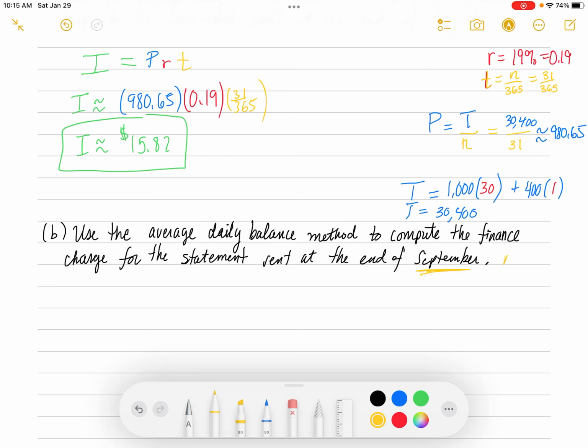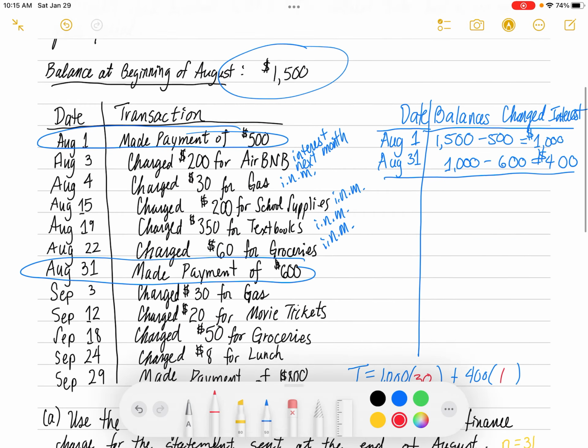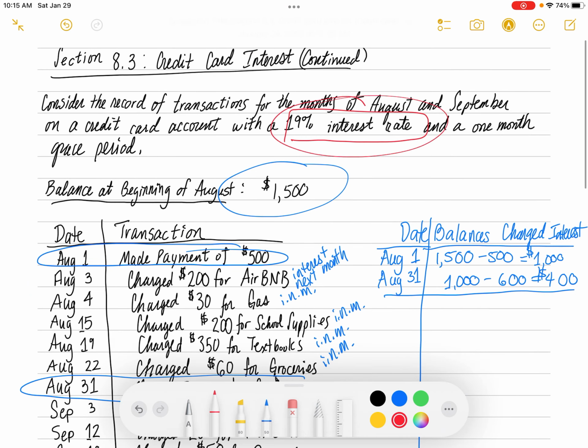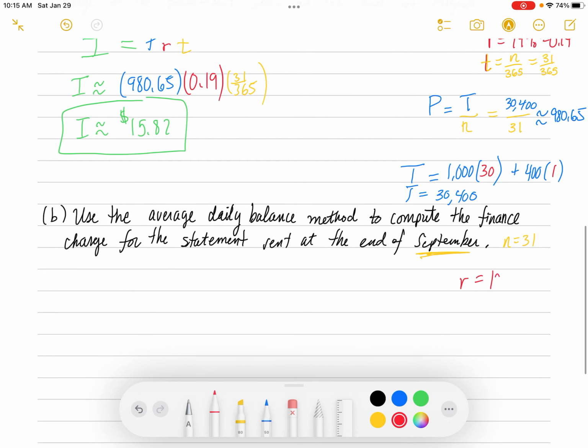September has 31 days. My interest rate is still, don't forget what it was, 19%. 0.19. And my time in years is going to be still n over 365, where n is this time 31 days in September, divided by 365.